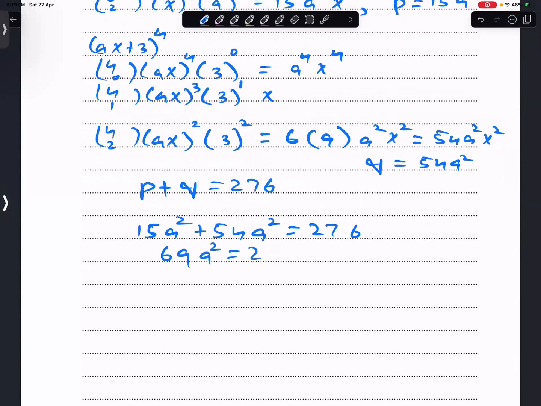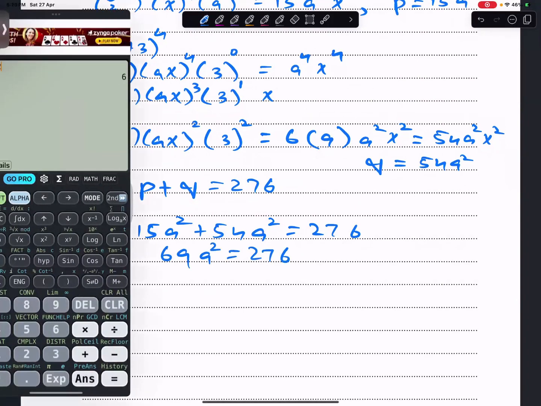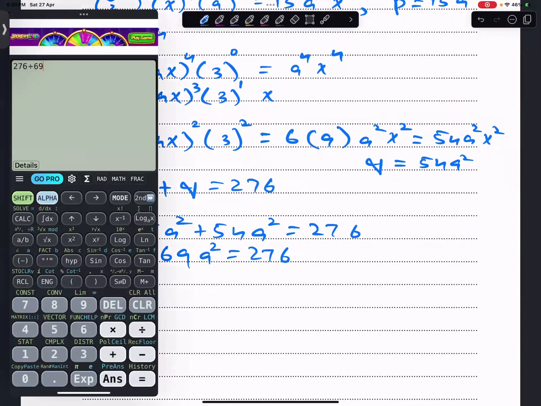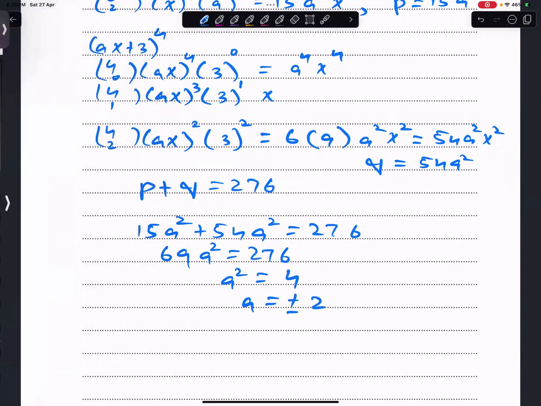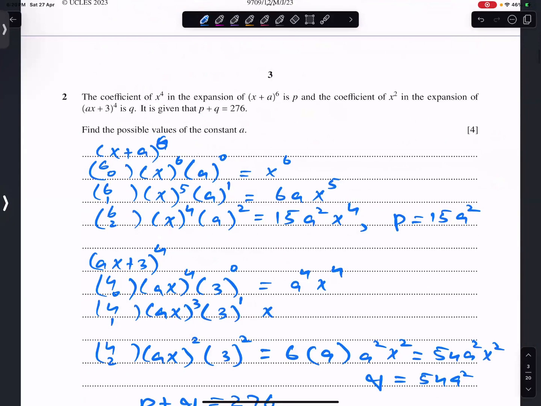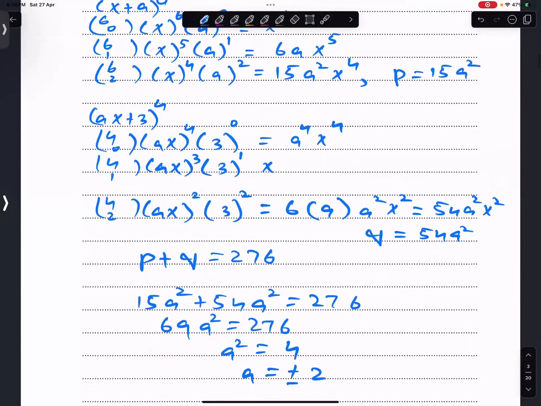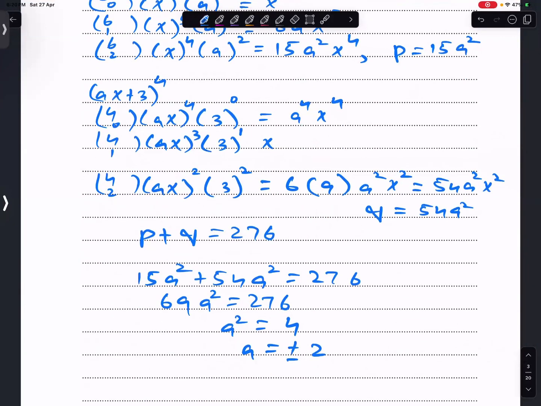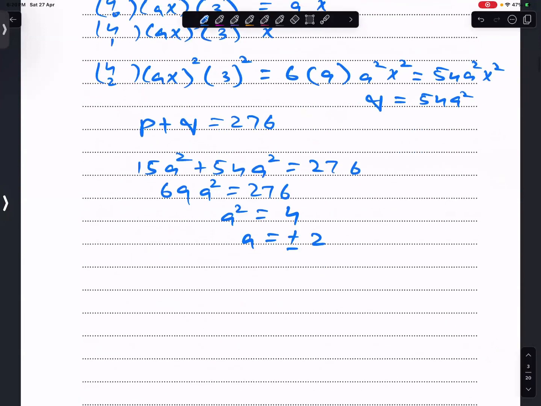So a square is equal to 276 over 69, and 276 divided by 69 will be 4. So a is equal to plus minus 2. The question says find the possible values of the constant a, so we have two values for this constant. a is equal to plus minus 2.